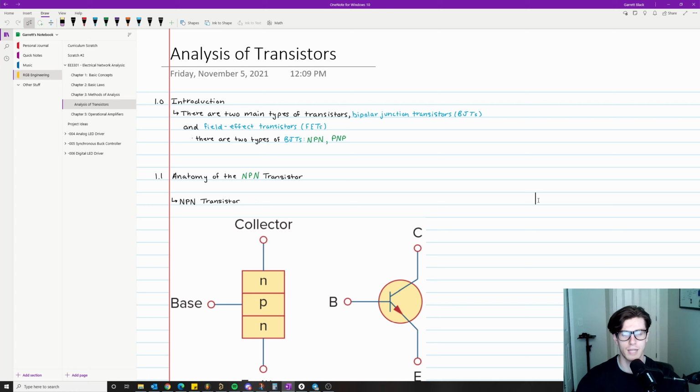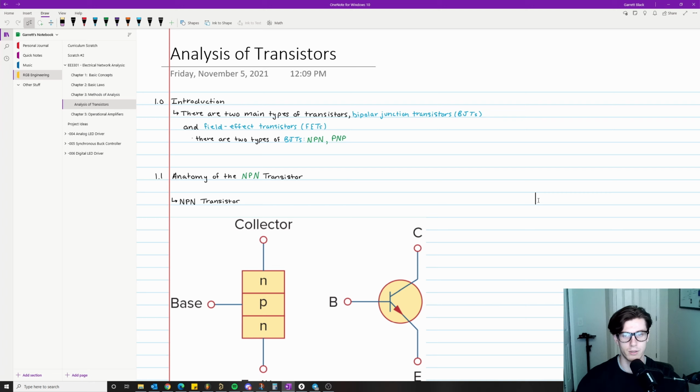But what I think there's a lack of resources on is more practical applications, showing all the different kinds of circuits you can make with a transistor, or doing some actual real life circuit analysis on transistors. They give you enough information and enough working knowledge to know when and how to use them in your own circuits. So that's going to be the goal of today's video.